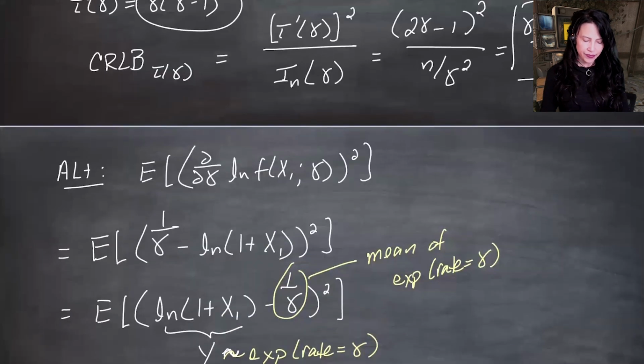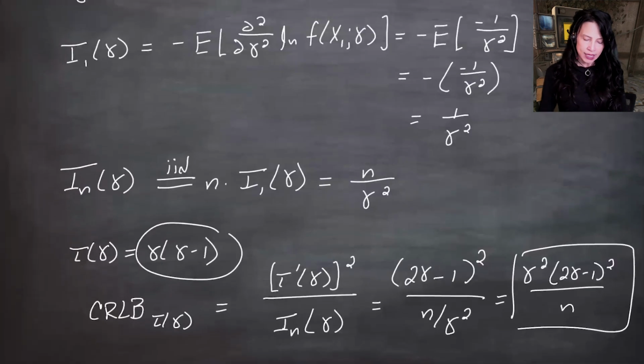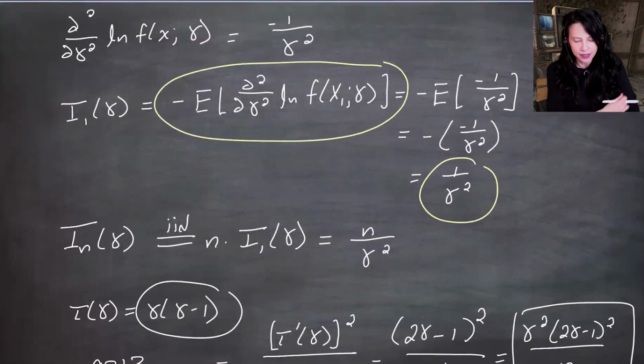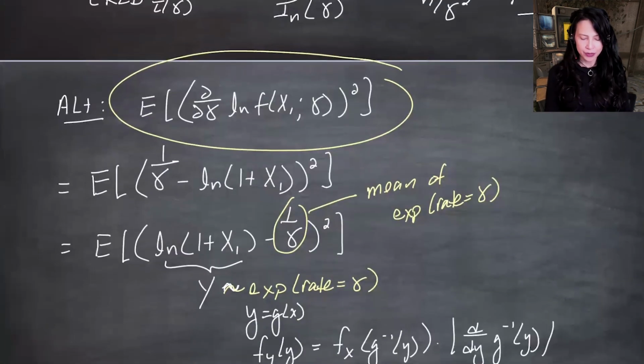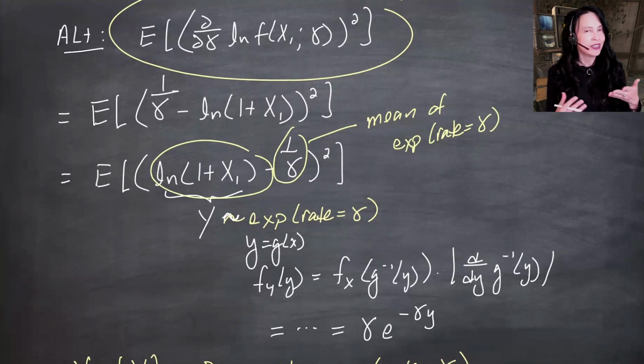And so doing the sort of more difficult expectation, we did end up with the same thing as doing that second derivative version, using our skills from the beginning of the course, realizing that this is something whose distribution we know, and we can recognize this expectation as a variance. You almost always can rewrite the Fisher information in terms of a variance of some distribution. If it's not a distribution that you know and have tabulated, then it's not that helpful. But yeah.